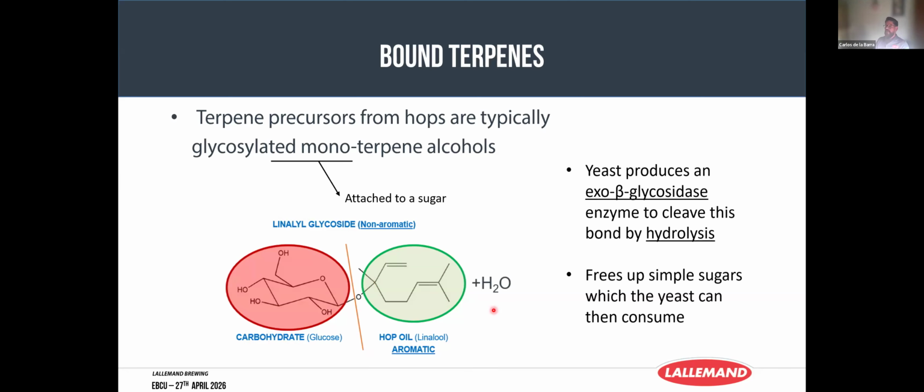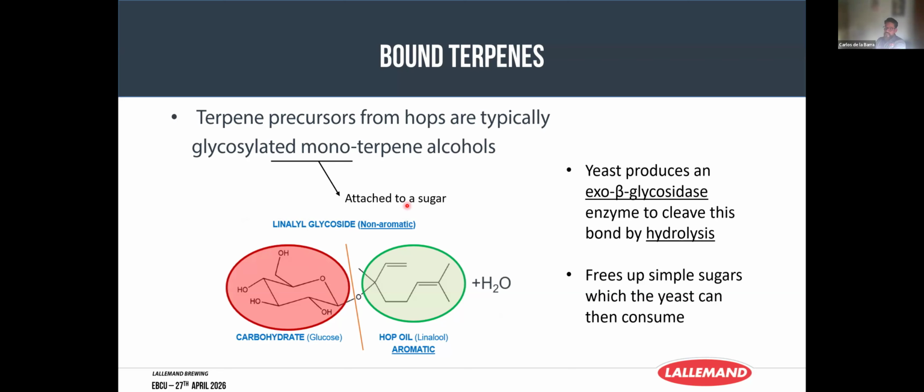And by becoming free, it's something we can smell and that actually makes a sensory impression in our beer. So this ability of the yeast to grab sugars from everywhere other than just the sugars from the malt in the wort is what we make use of to make our beer more aromatic.